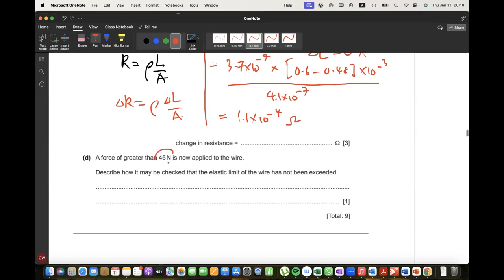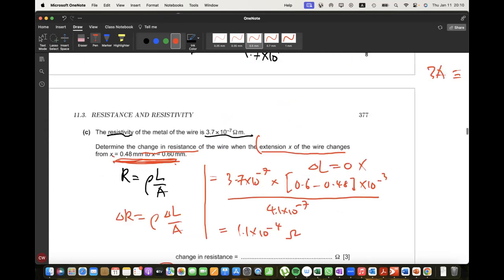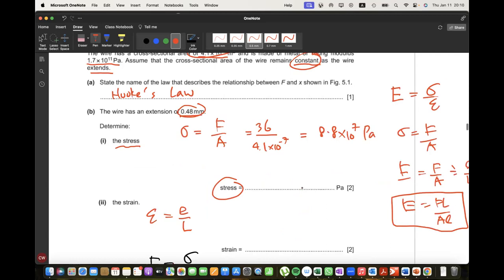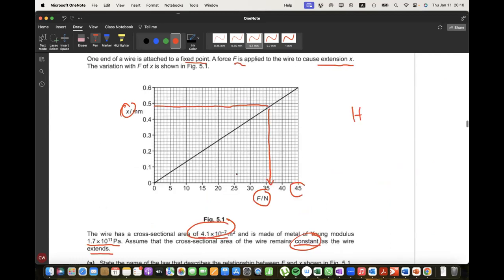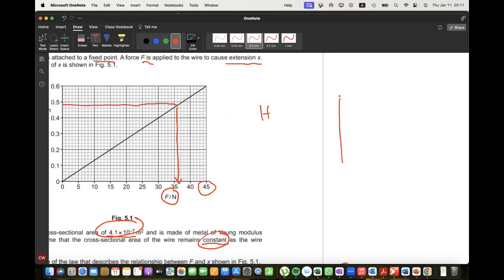Okay, so now force greater than 45 apply to the wire. How you may check that the elastic limit of wire not exceeded? When you apply 45, within 45, straight line. So in this one, the graph look like this. Then start to bend like that.